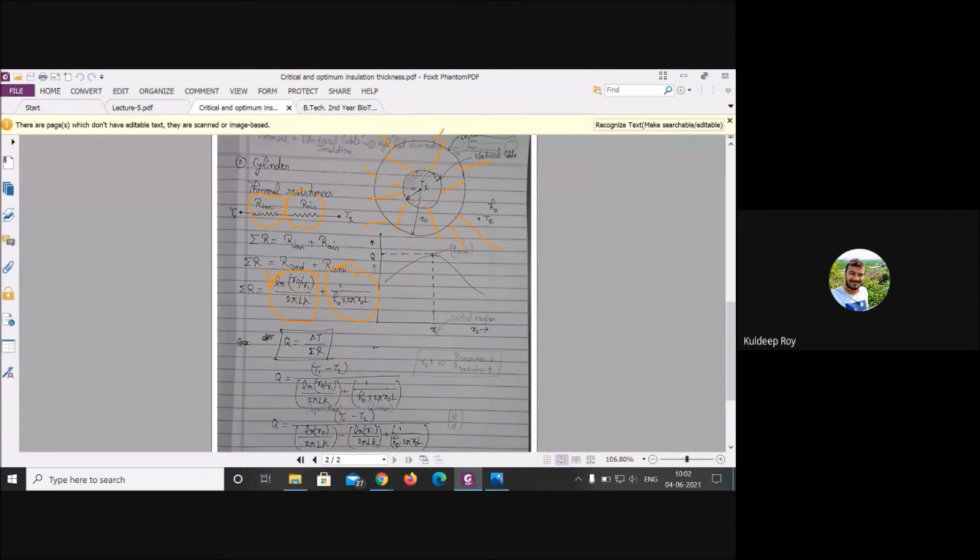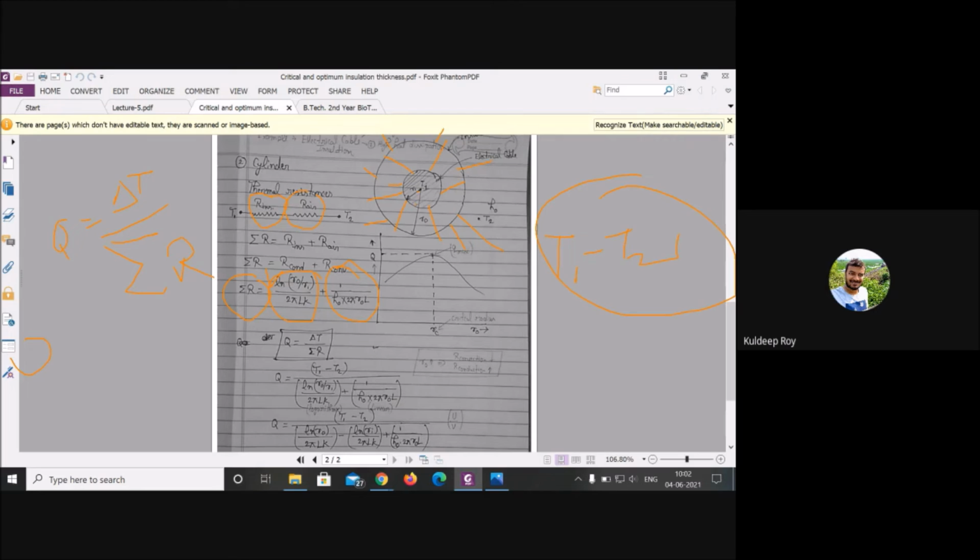After adding, you will have to determine the value of Q. Q is equal to delta T by summation of R. You have got the value of the summation of R. Just put this value here. Delta T will be T1 minus T2.